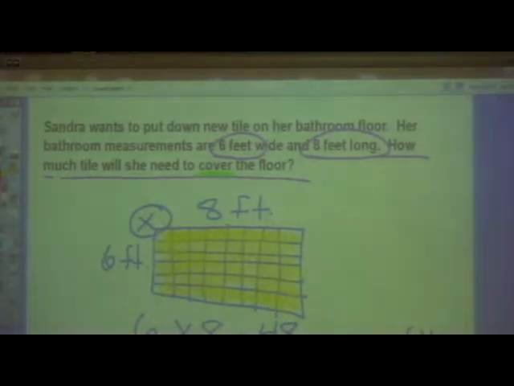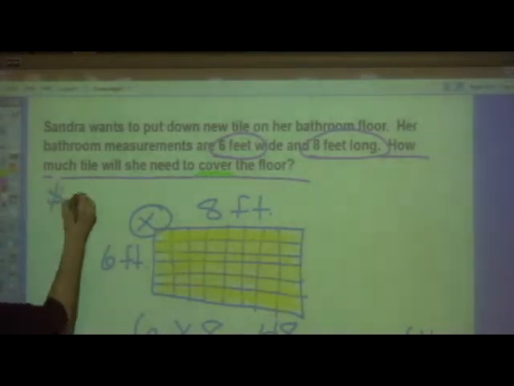The second part of one of these, it's not typed on your sheet or on the screen. Some of them will ask, okay, he needs 48 square tiles. There would be a second question up here. It might ask them, okay, if it's $2 a tile, what's their cost going to be?